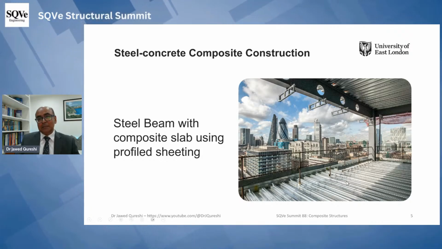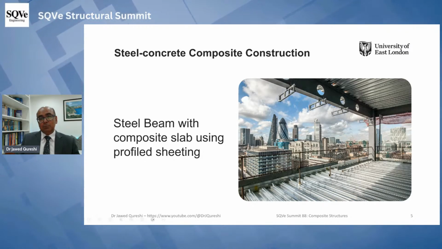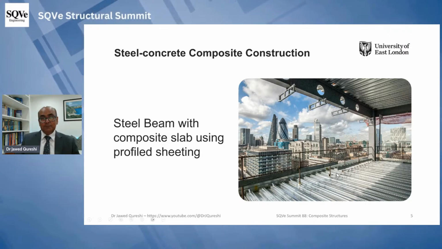So we use this 1 millimeter thin sheeting, and we nail this sheeting to the top of the beam, and then we weld shear studs through the sheeting to the beam, and then we put mesh reinforcement, and then after that we pour concrete.